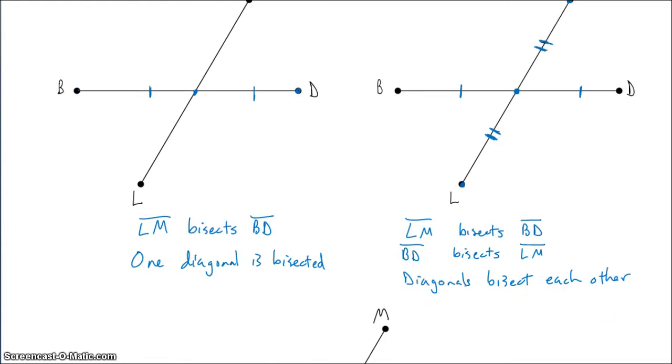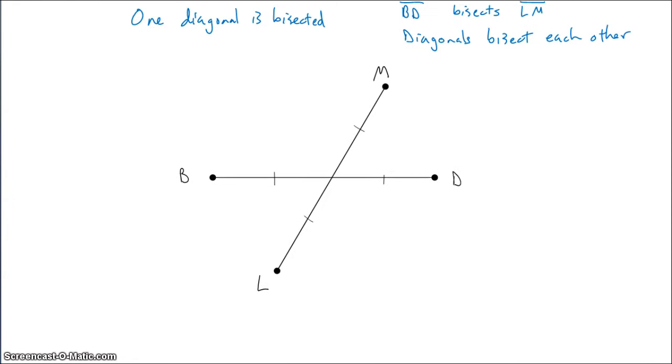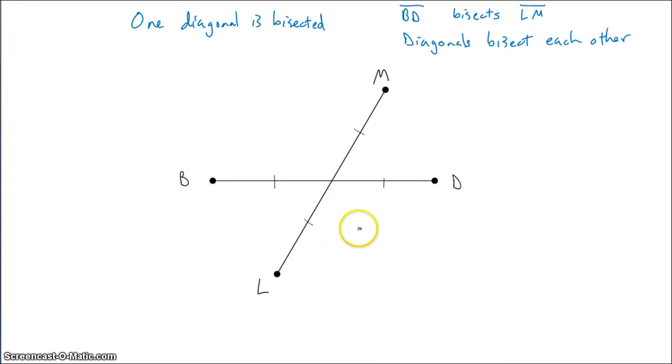Now if I look at my third example, if I look at the information that I'm given, again, I'm given that B to this point is the same as D to this point. So I know that LM bisects segment BD. I'm also given that L to this point is congruent to M to this point.